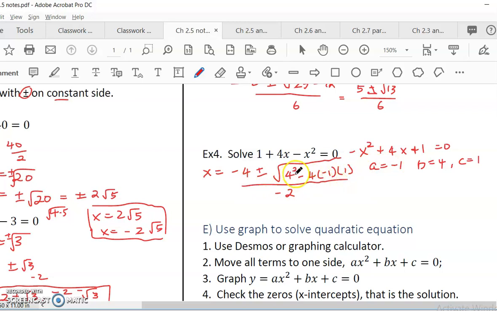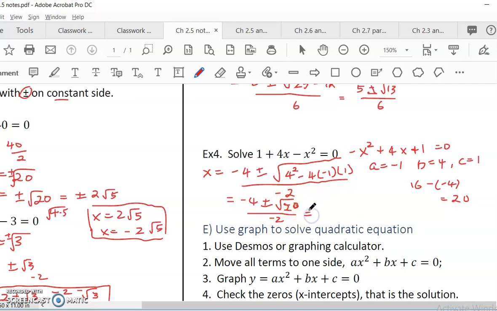Okay, so let's do the inside. It'll be 16 minus negative 4, so that would be 16 plus 4, which is 20. So I would have negative 4 plus and minus the square root of 20 over negative 2.